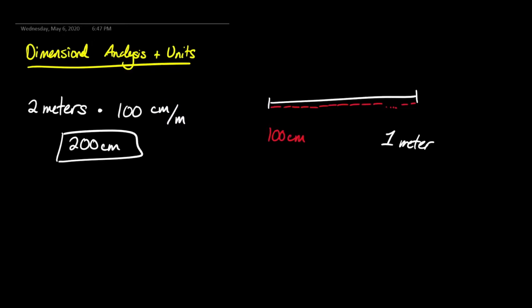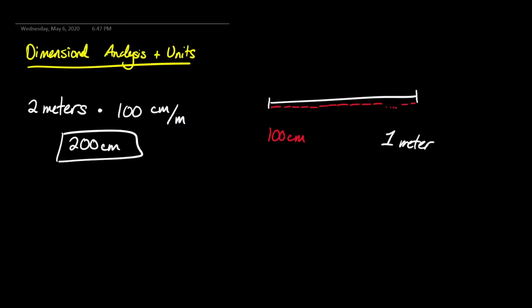Now, something to note here, this is just something you did off of your intuition, and you didn't really worry about canceling out units because it just made sense to you that it's a very simple conversion of 100 centimeters in each meter, and there's just 2 of them. However, as you get to problems with more complicated numbers, or maybe units that you aren't as familiar with, sometimes it isn't even clear which unit is the bigger chunk. It can be very difficult.